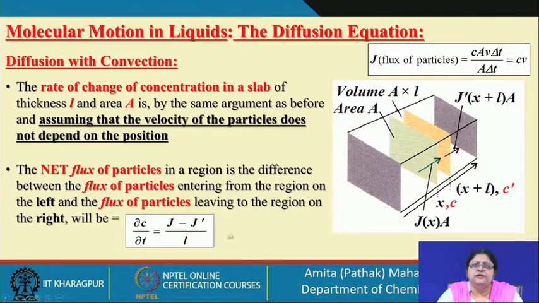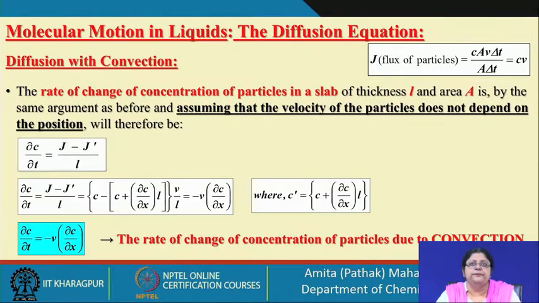So, the rate of change in concentration in this area of interest L into A will be nothing but the change in flux which we see at x, and that of the flux which is going out at x plus L, divided by L. Okay. So, let us see what we get.